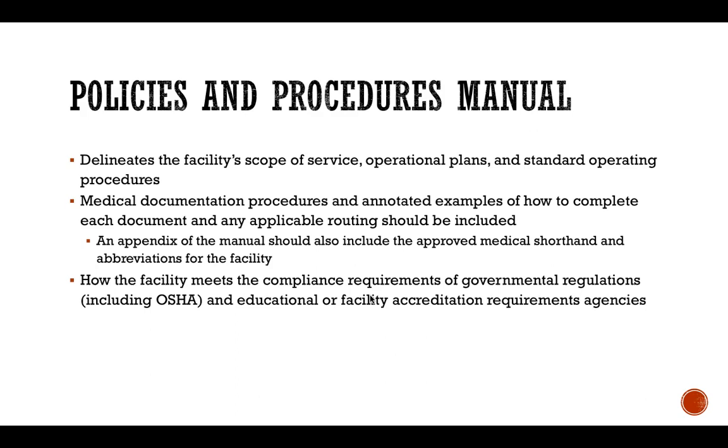Emergency action plans are usually included, as well as how you are compliant with federal guidelines: OSHA compliance for bloodborne pathogens as well as all the other things with OSHA, FDA compliance, State Pharmacy Board compliance, and State Practice Act compliance. How all those things are being handled in your facility needs to be documented in your policy and procedure manual.